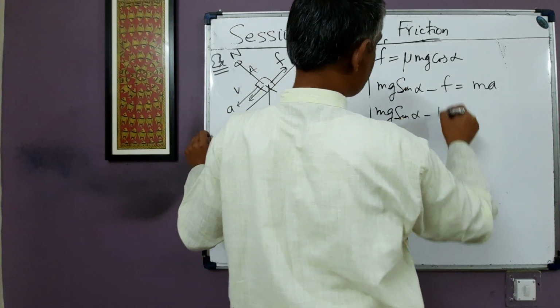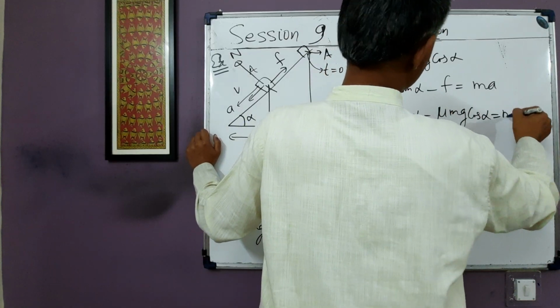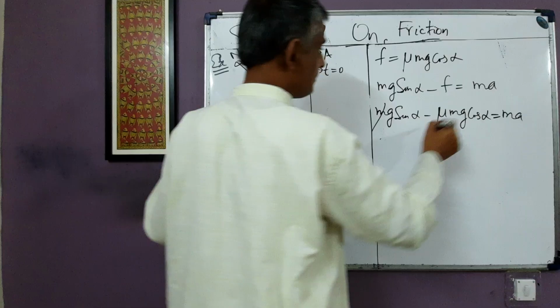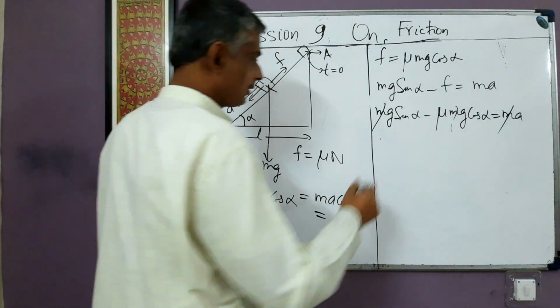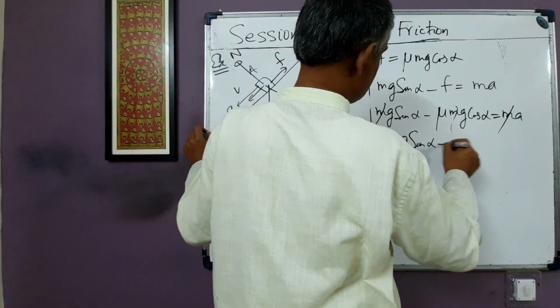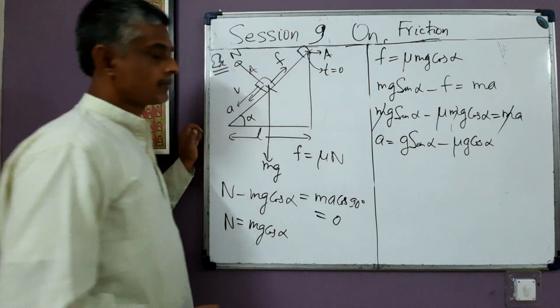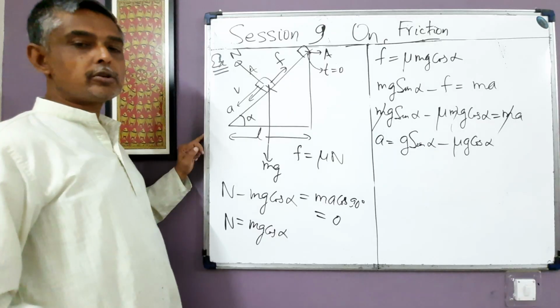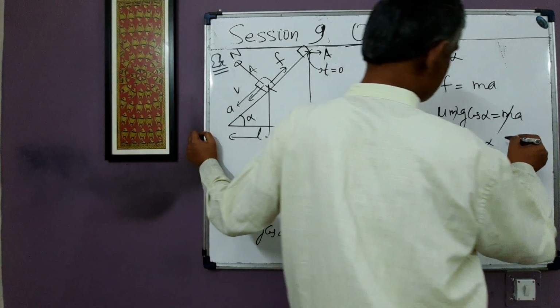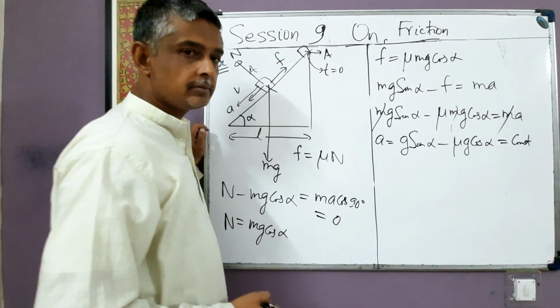So mg sin alpha minus mu mg cos alpha is equal to ma. m goes away, so a is just equal to g sin alpha minus mu g cos alpha. This is the required acceleration of the block down the incline. All these quantities are constant, so a is also constant.